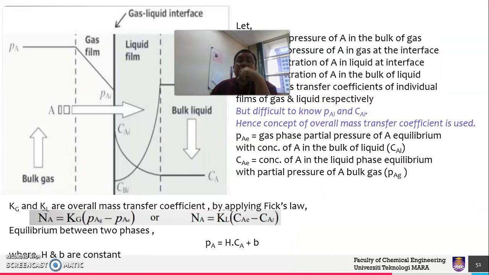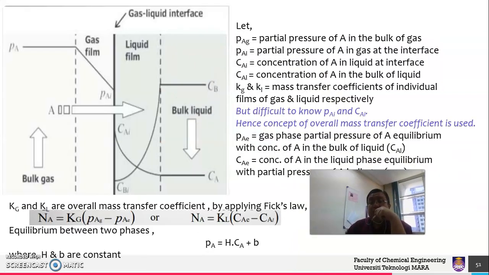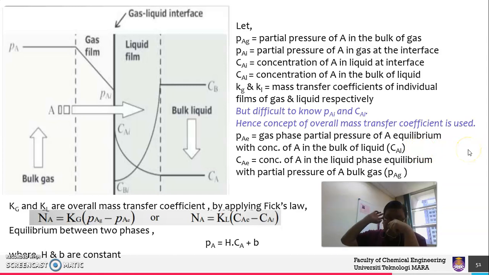So next would be the derivation of the equation. I would suggest you look at the documents from the island. Just download that two-film theory slide or PDF, and go through and derive it yourself.